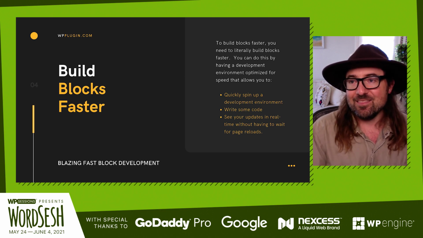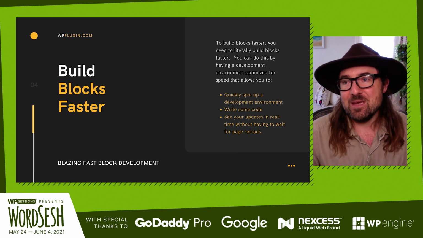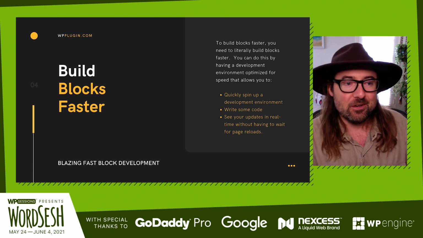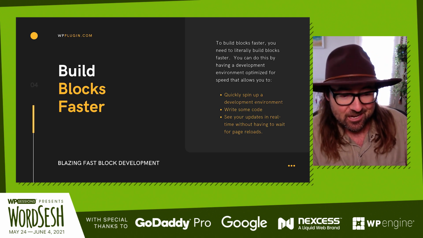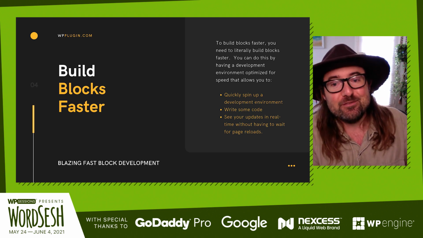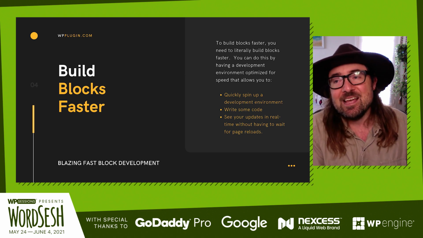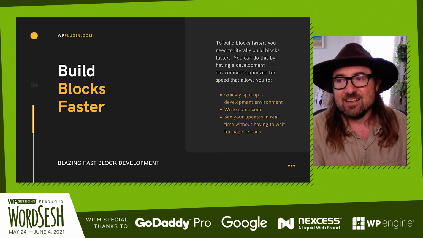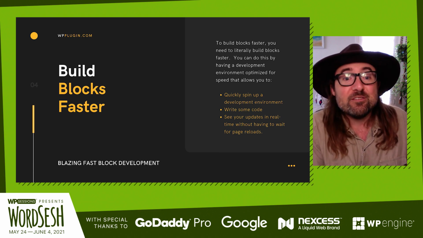And finally, we want to see our updates in real time without having to wait for page reloads. Every time you make an edit to your code and you hit save, if you don't have an auto reloader, you're going to have to manually refresh it, which can take a ton of time. And if you're auto reloading the page on each save, it adds an extra 3 to 5 seconds.